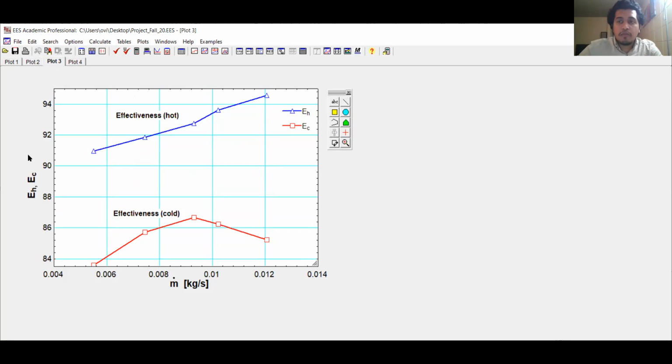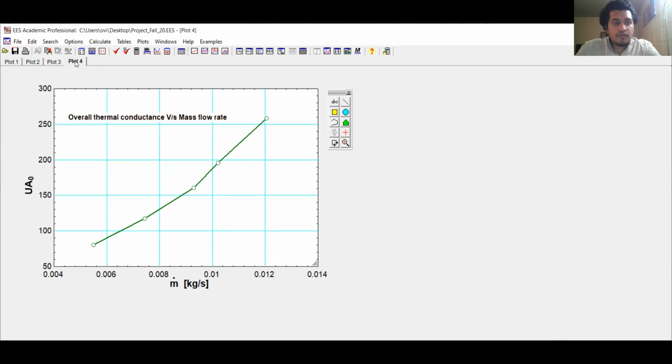Also, after the optimum point, the cold effectiveness decreases with mass flow rate. This is because a heat exchanger is designed for a particular mass flow rate and inlet temperatures at which it gives maximum effectiveness, after which its performance deteriorates.